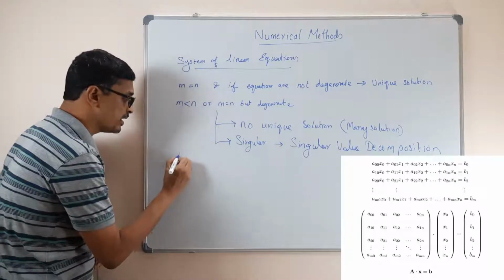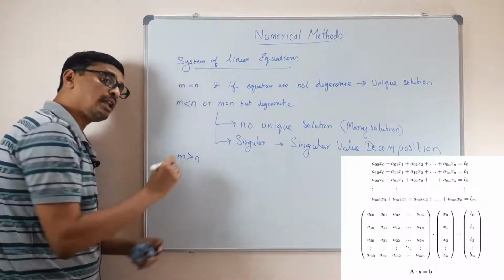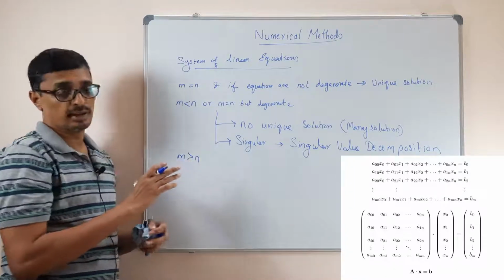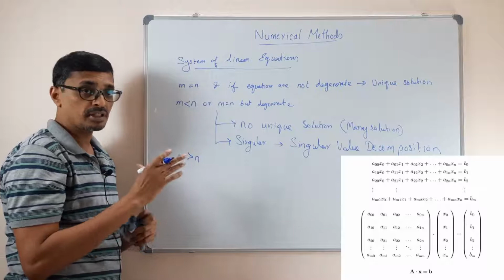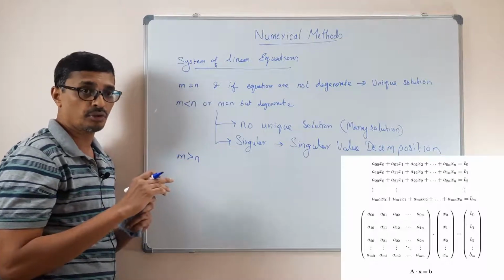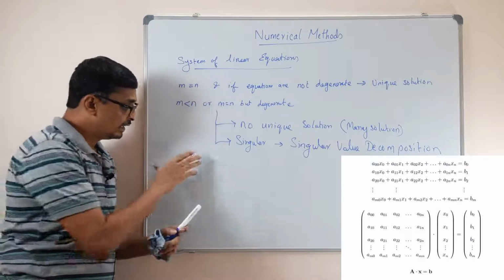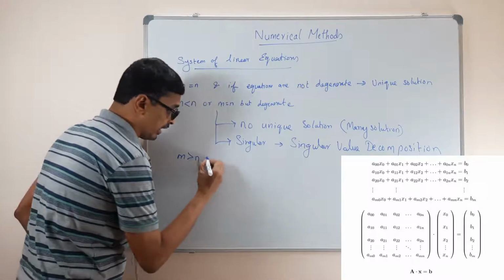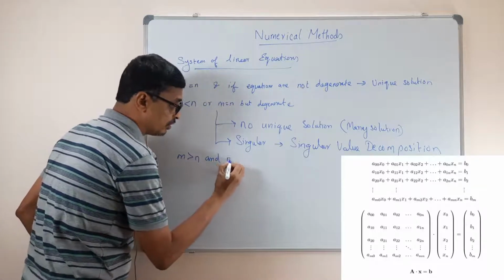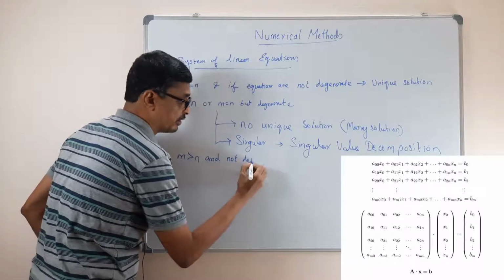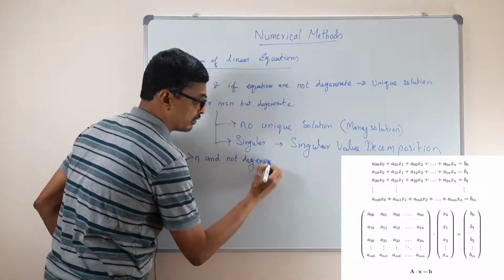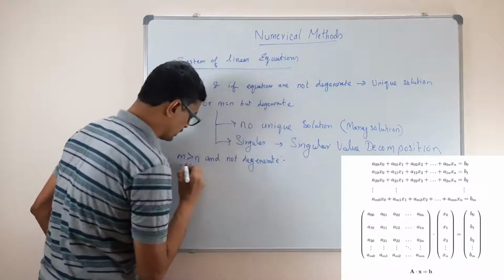Now the next condition: when m is larger than n. Believe me, this case happens many times in your research life. Your number of equations will become more than the number of unknowns, and they are not degenerate. This is an important condition.